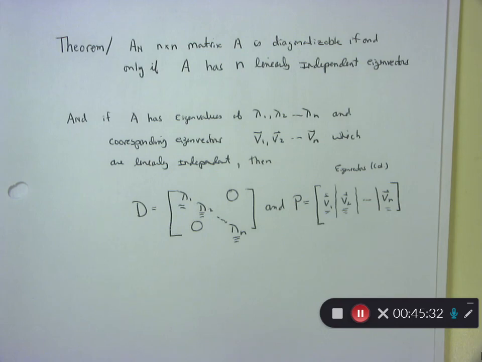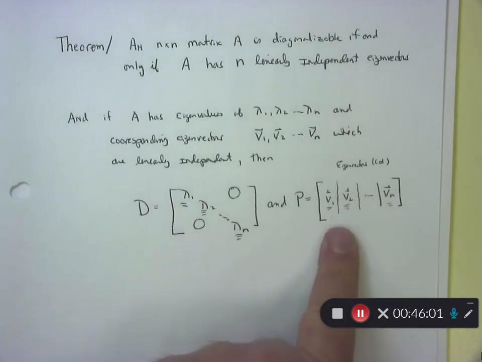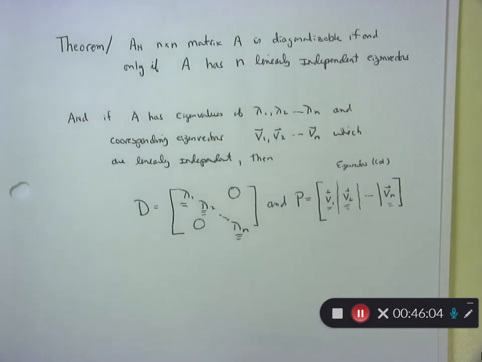You take the eigenvalues, they show up on the main diagonal of the diagonal matrix, and the P matrix is actually the columns of the eigenvectors. And because they're linearly independent, that also means you can find the inverse of that matrix. So you get P and you get P inverse pretty much for free, because if they're linearly independent, that's why we have to have linearly independent. If these guys are not linearly independent, then the inverse doesn't exist. And then it completely collapses. You won't have a diagonal. A will not be similar to a diagonal matrix. A will not be diagonalizable.